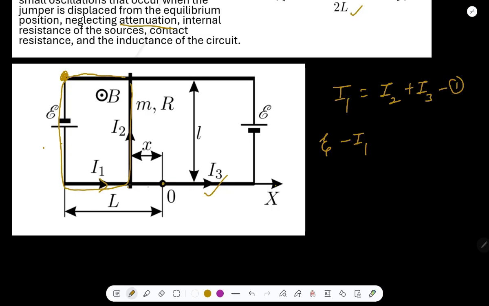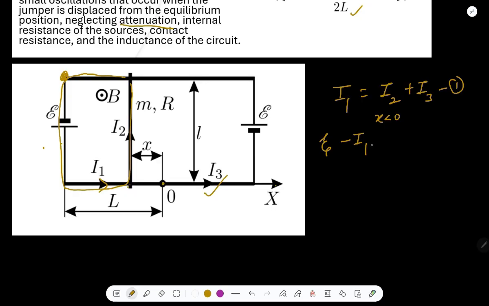This length will be L minus X. If X is negative, we can write it as L plus X as well, but we have to remember that X is negative. Here, if X is negative, then we should write this length as L plus X.